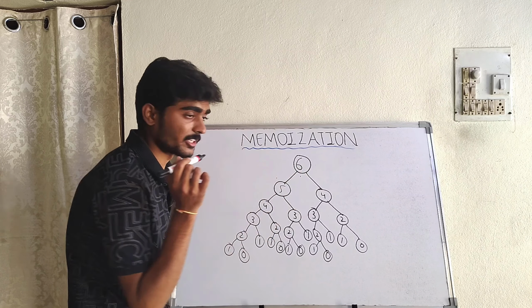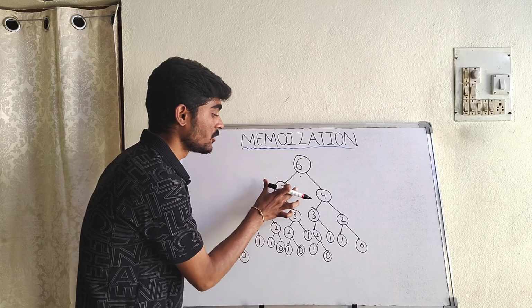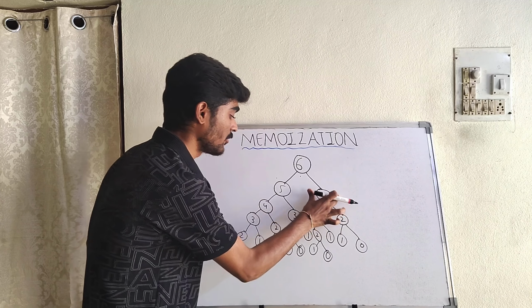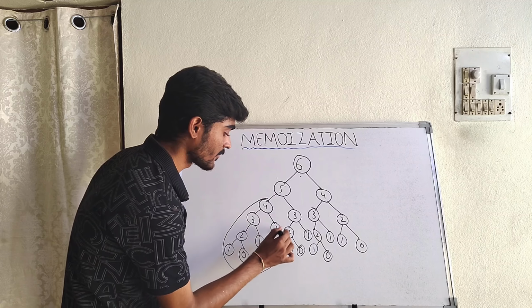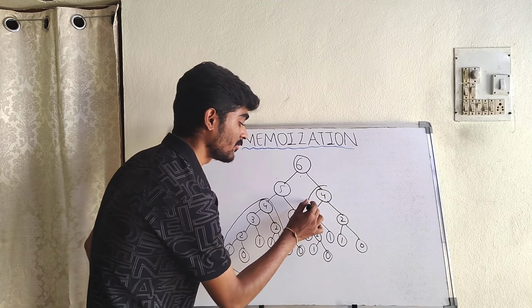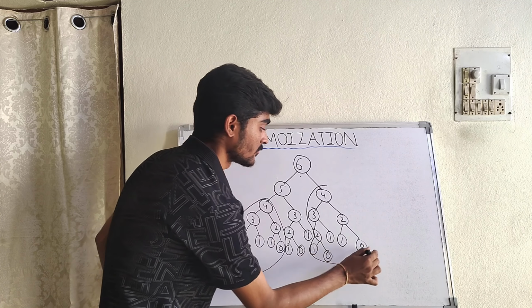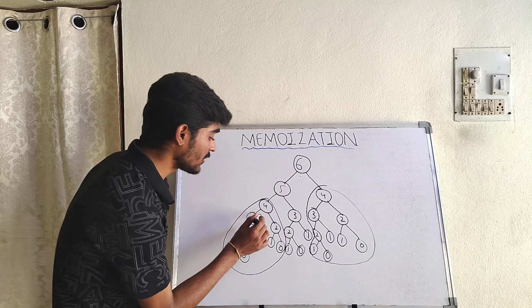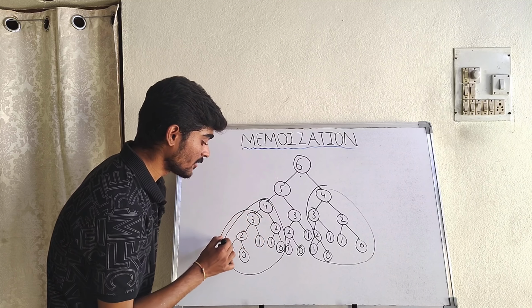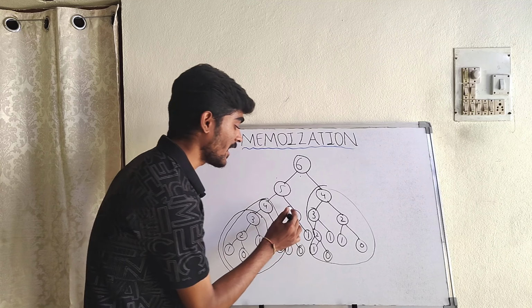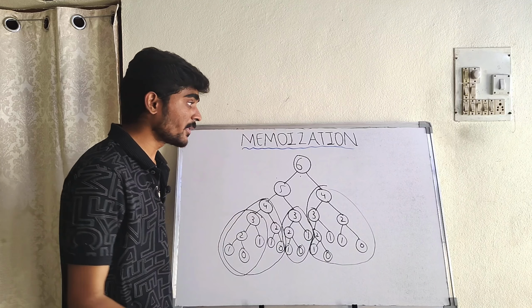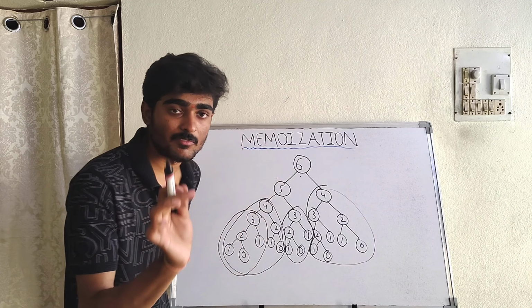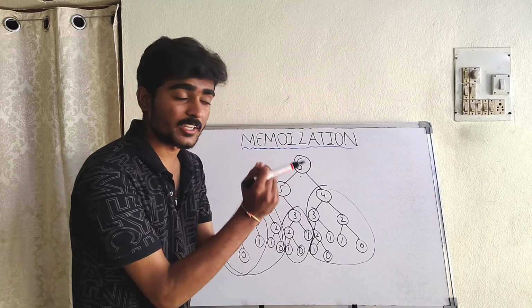Now when you observe, you're recalculating a lot of things over here. To determine the Fibonacci of 6, you're calculating for 5, you're calculating for 4, but here you're calculating for 4 and again recalculating for 4 over here. And here you are calculating for 3, and again recalculating for 3 over here. To determine the Fibonacci series of a numerical value, you are doing a lot of recalculations.